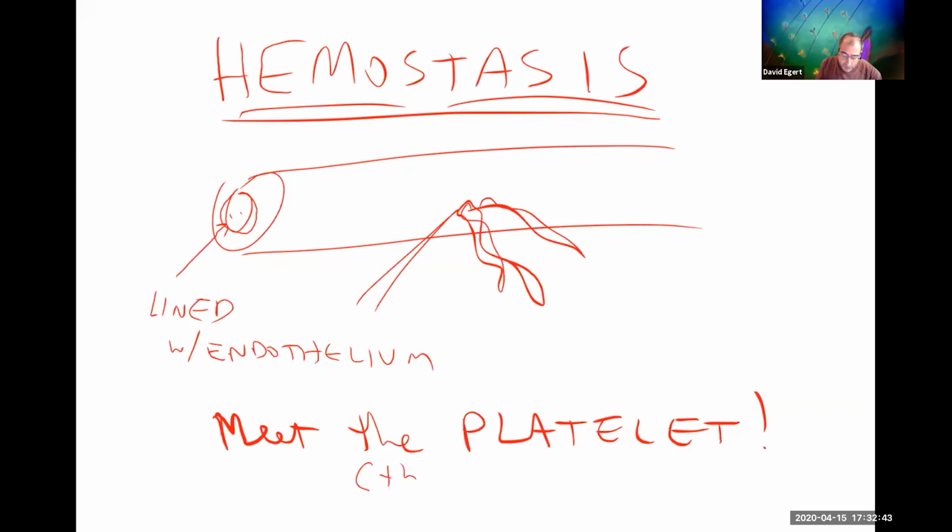Sometimes they're called thrombocytes, but I really don't like that word because cyte implies it's a cell and it's not actually a cell. Platelets, ultimately, what happens is you have some big specialized cell in the bone marrow called a megakaryocyte.